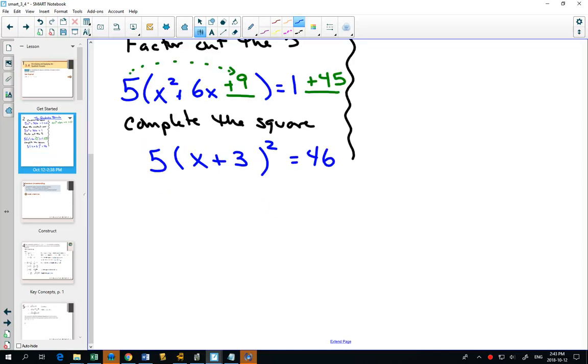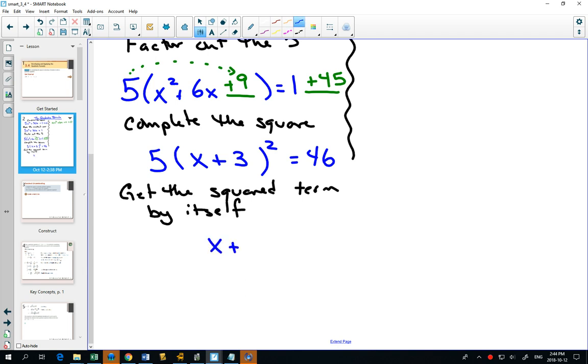The next step, right? We get the squared term by itself. So if I want to get that x plus 3 squared by itself, I would need to divide both sides by 5. 46 over 5.